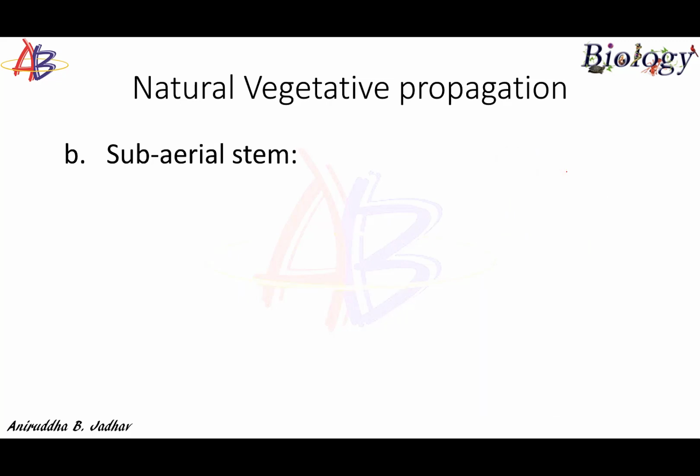The second type of subaerial stem is offset. The offset is found in aquatic plants and it is just similar to a runner. The only difference between the offset and the runner is that the offset is shorter and thicker than the runner.